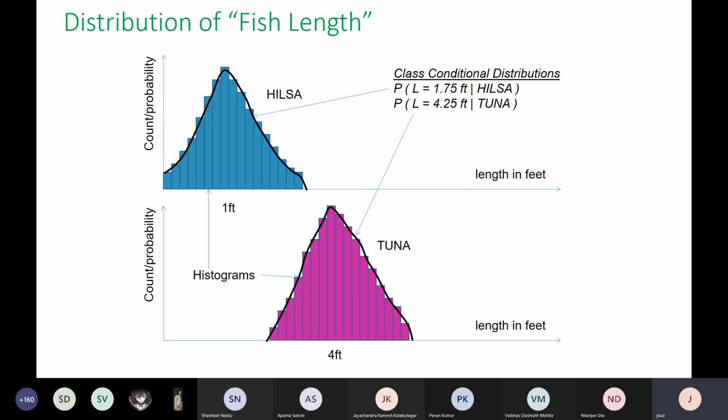It is called class conditional probability because it depends on the particular class you are dealing with, and it's a conditional probability. You can see this kind of picture if you have a set of numbers. Say you have 1000 tuna or 1000 Hilsa, and you measure their lengths and simply plot them on a diagram, which is called a histogram, and you are going to get that kind of probability distribution. It's pretty straightforward. All of you probably know it.